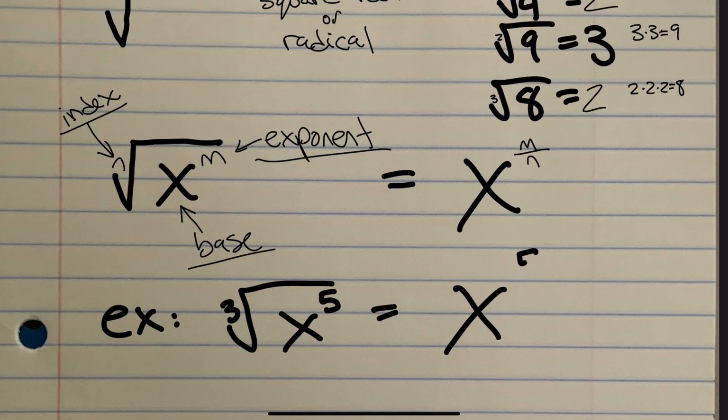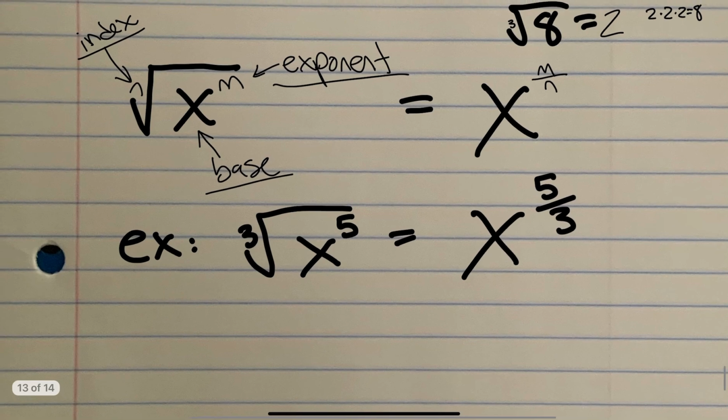So I'm going to put a 5 up here over our n. n is on the outside. That's our index. For us, that's going to be 3. So we got x to the 5 over 3. So we got a little fraction here. And that's it. That's all you got to do to rewrite these. You're looking at what you have and then putting it in there.